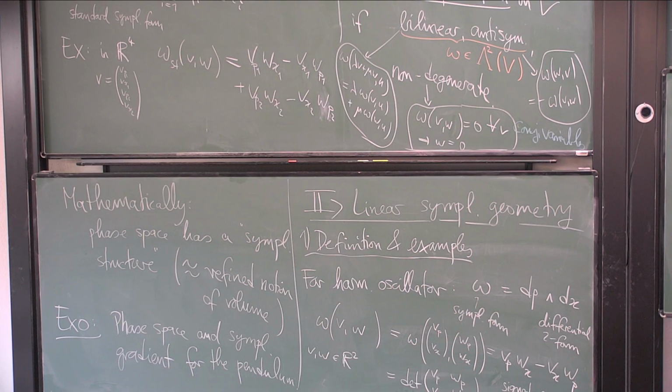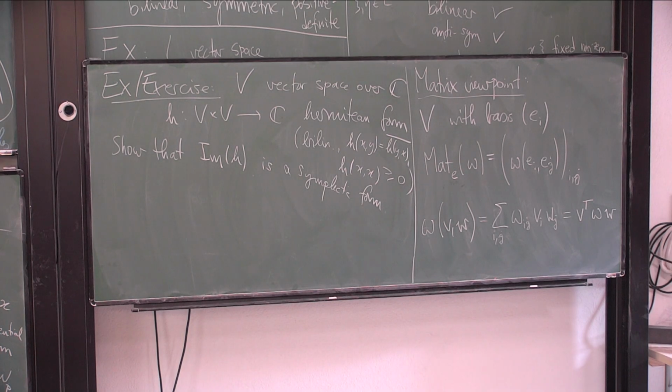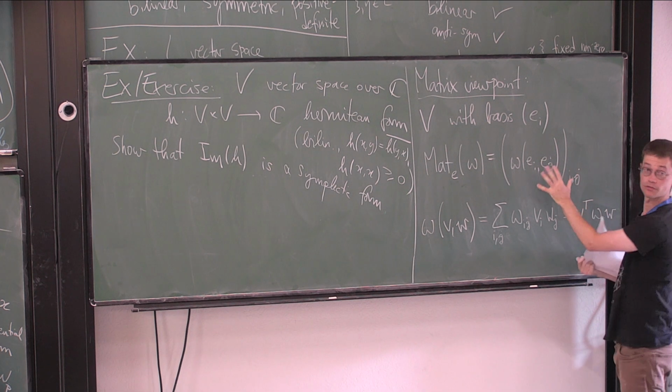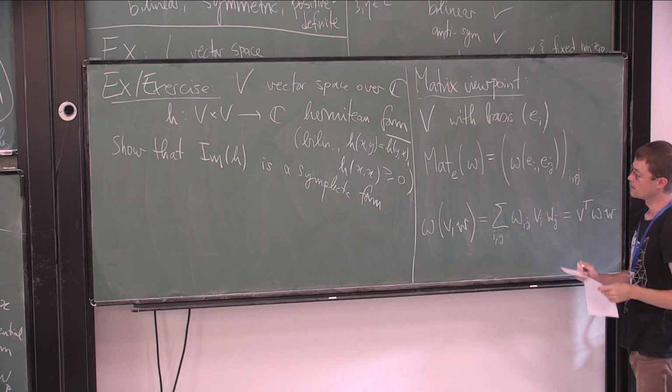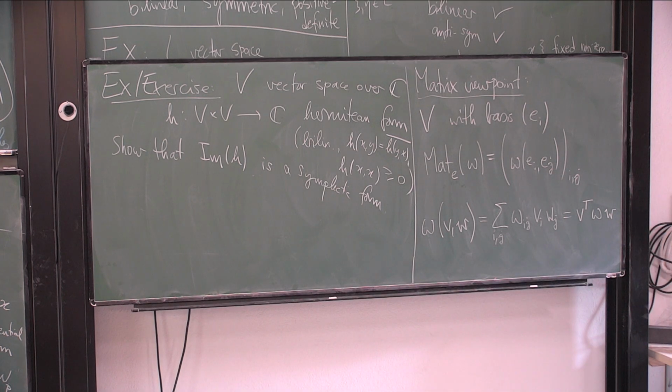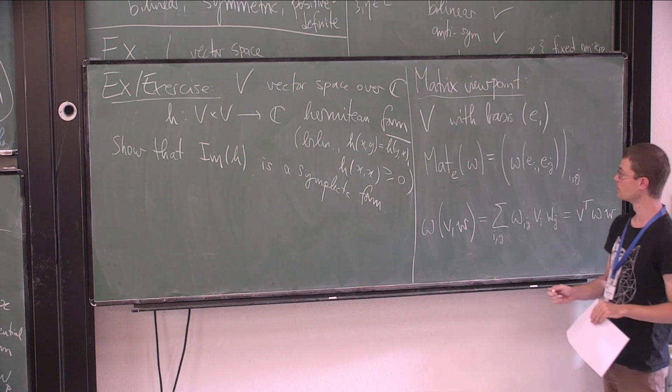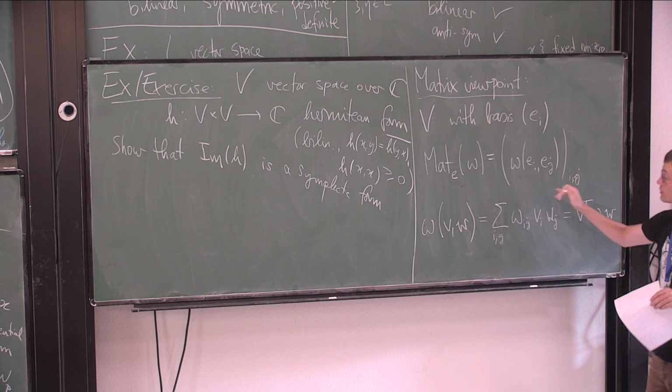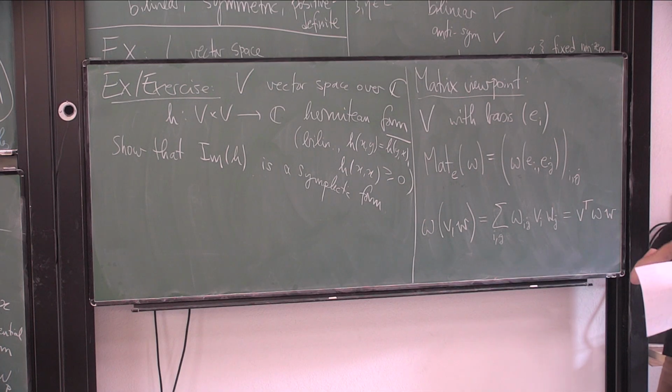Okay, so what are the properties of this matrix? We should try to translate the properties of omega into this matrix. The fact that omega is bilinear means that it makes sense to write this matrix. So what does it mean that omega is antisymmetric? It means that this matrix is antisymmetric, or skew-symmetric.